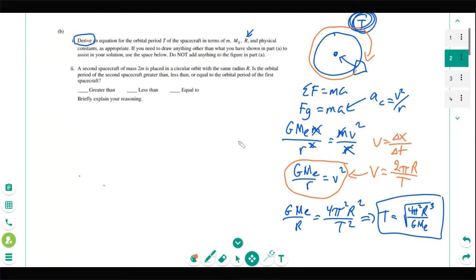That is our part B, part I. If you're interested in points for this, this gives you a very nice 3 points: 1 point for using the Newton's law stuff, 1 point for finding the v equals 2 pi r over T thing, and 1 point for actually getting an answer, which is T equals, sort of stuff like that. All right, questions on the derivation?